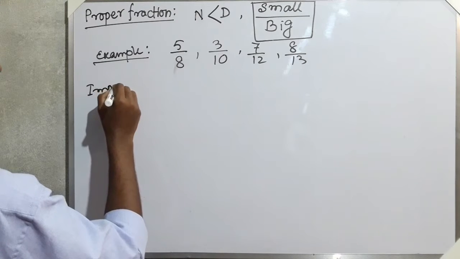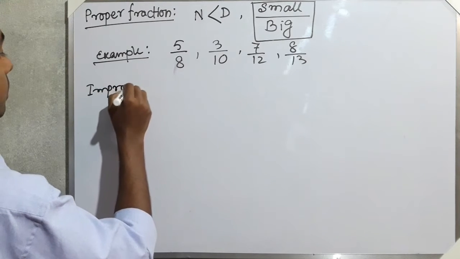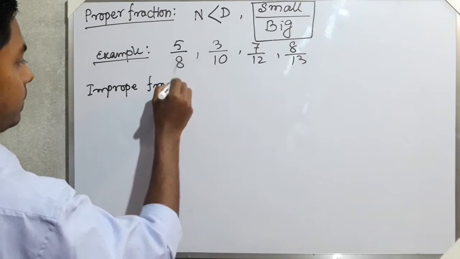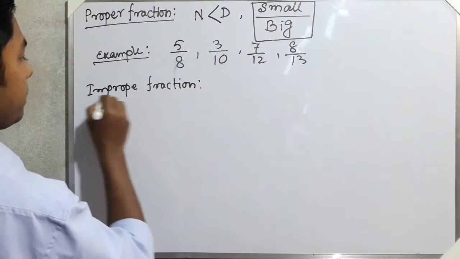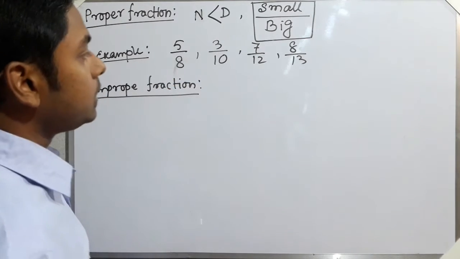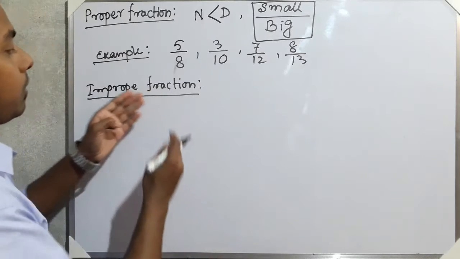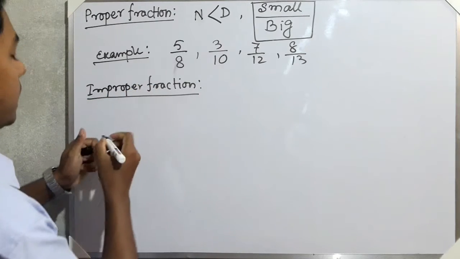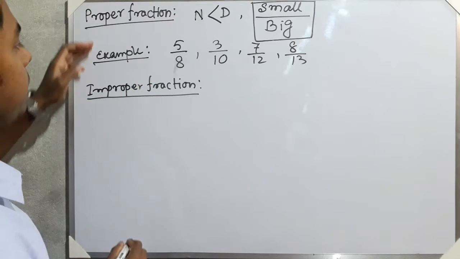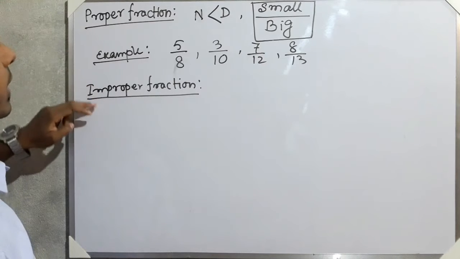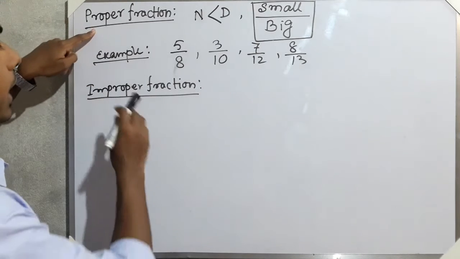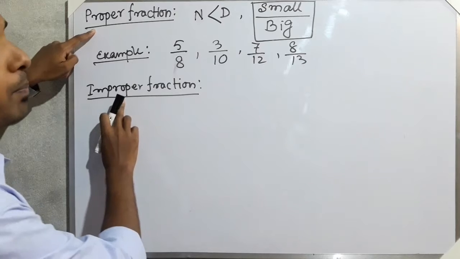Now we will talk about the improper fraction. What is improper fraction? Just from the term, you can easily find out the difference between these two fractions. It's proper fraction, and it is improper fraction.